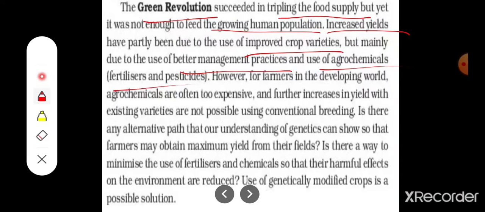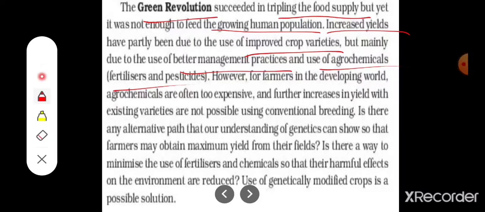It was partly by using improved crop varieties, but most of the yield was increased due to better management practices. By storing the harvested crop properly and also using chemicals, we were able to improve the production. Along with that, improved crop varieties were also helpful. That means by using crop seed varieties with good improvements, we can increase the yield.